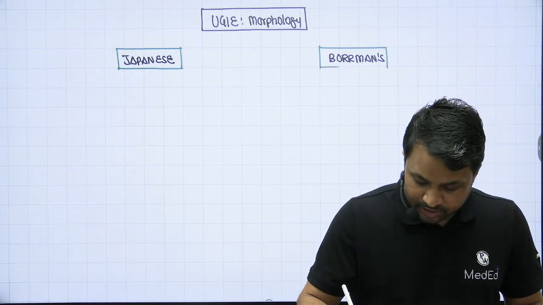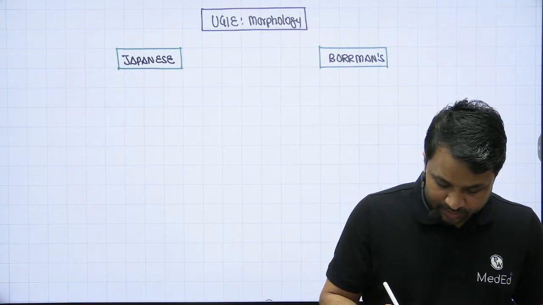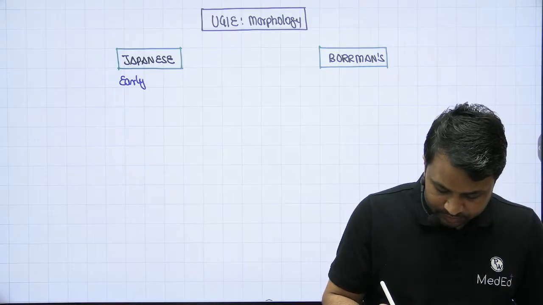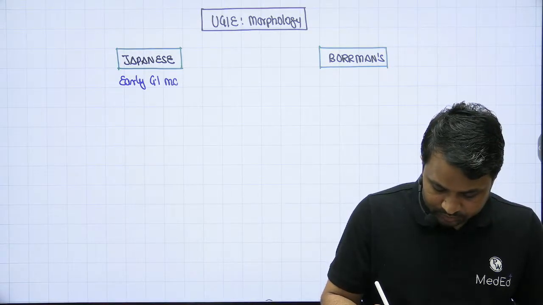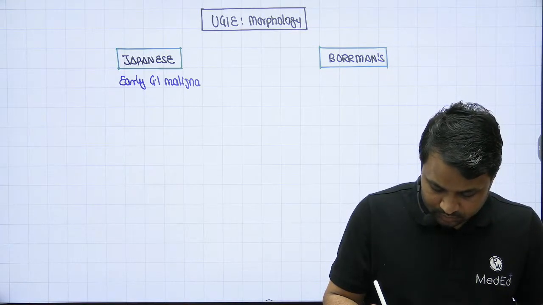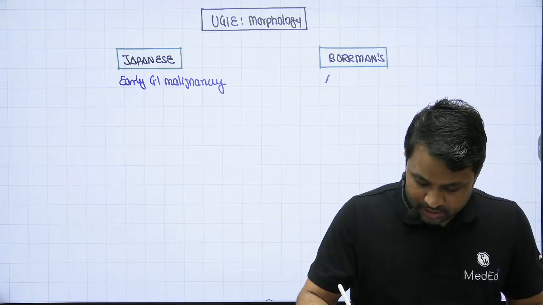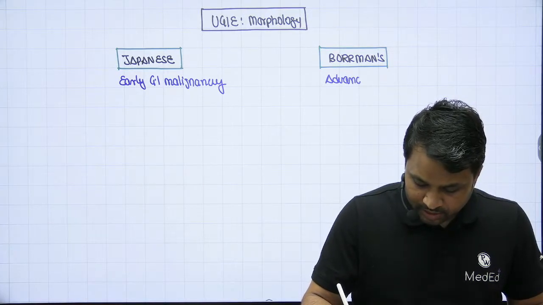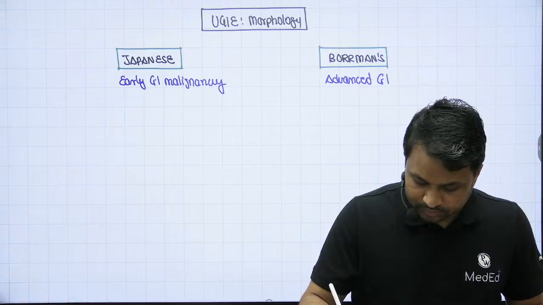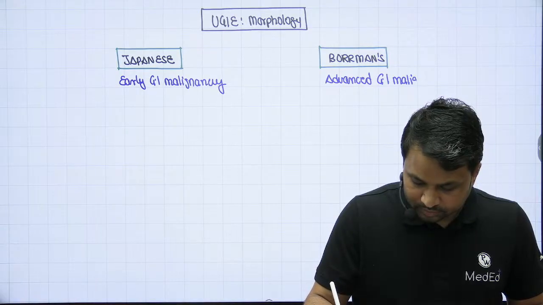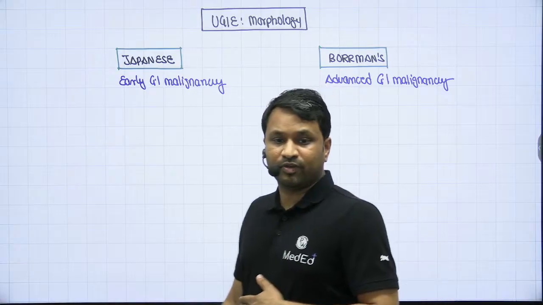Now Japanese is classified for early GI malignancies. And Borrmann's is for advanced GI malignancies.